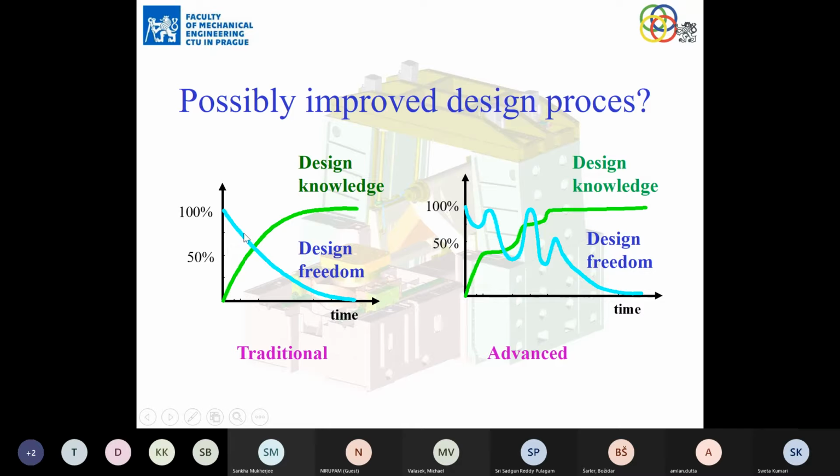Traditionally, the design freedom decreases to almost zero, and at that time you have complete knowledge of how to do the product. So it's not nice from this point, and the question, on the right hand side, is how to do it in an advanced manner, and I shall show you that we have succeeded in doing it this way. That means enabling, during the development, to again increase the design freedom, to gain new knowledge during the development process and apply this new knowledge into the design freedom.